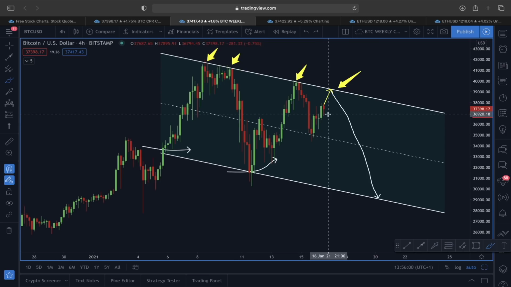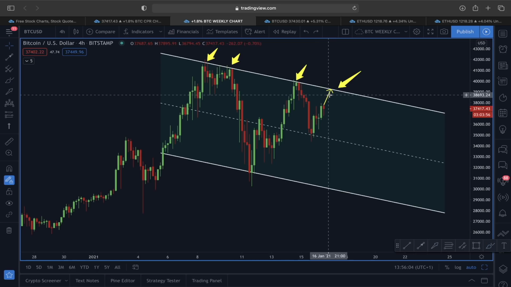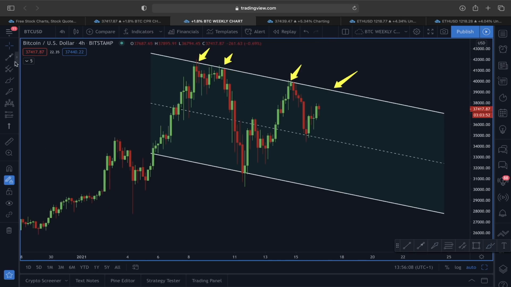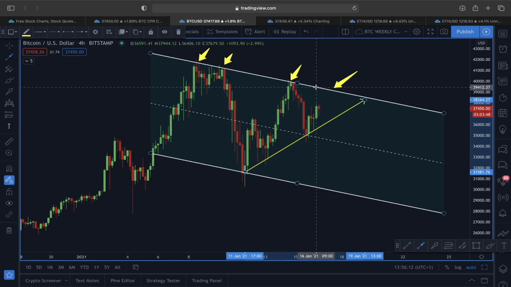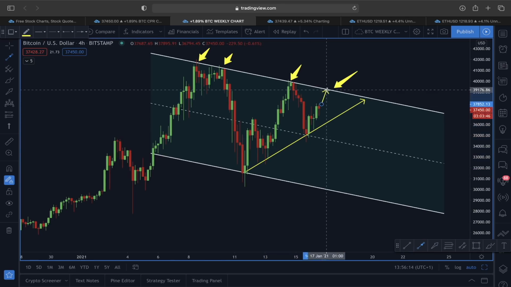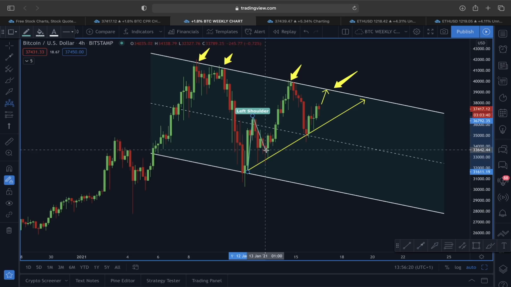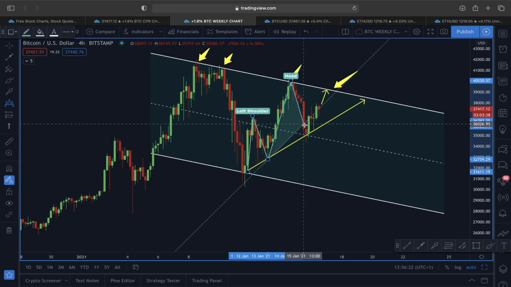And also one thing that is actually bothering me right now is this price movement here, because inside this descending channel, what you can also see is this price movement, right? This price movement is showing us that, hey, we could be heading towards this upper line area, right? But one thing here, if you look at this price structure and look at this scenario, this head and shoulder pattern, right?